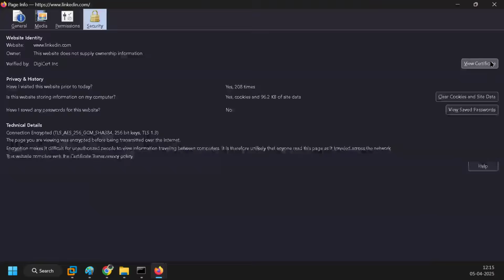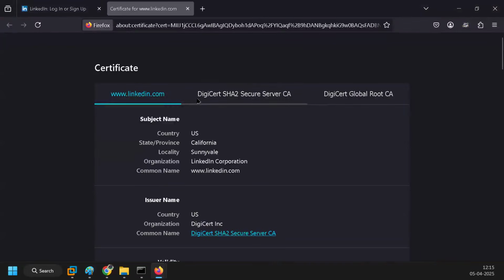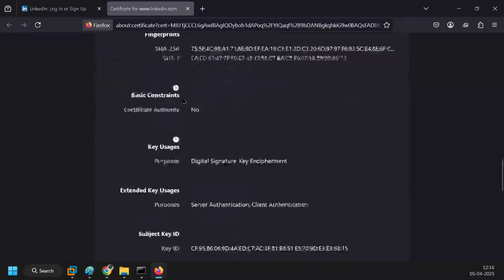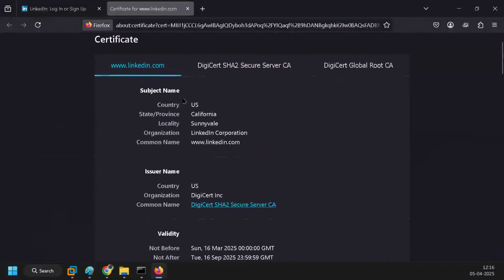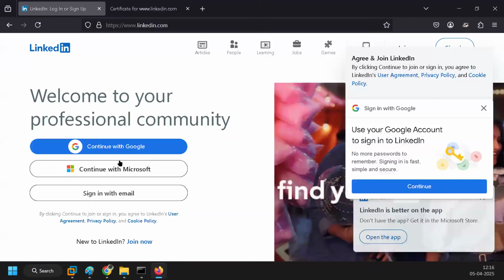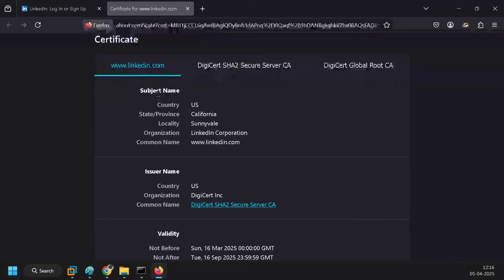If I click on view certificate, this is the digital certificate we have for LinkedIn. On that basis, we can ensure that this particular site we are interacting with is the genuine one.